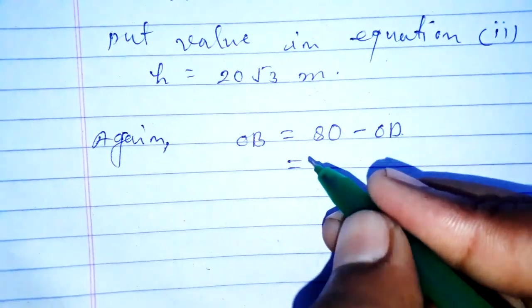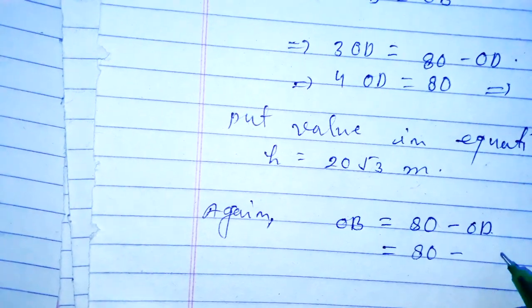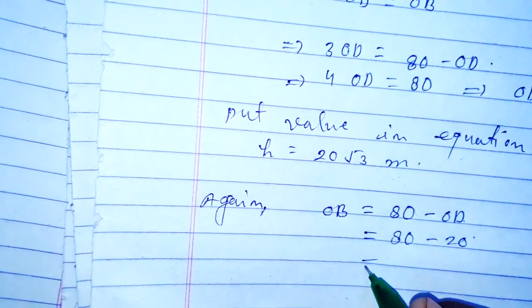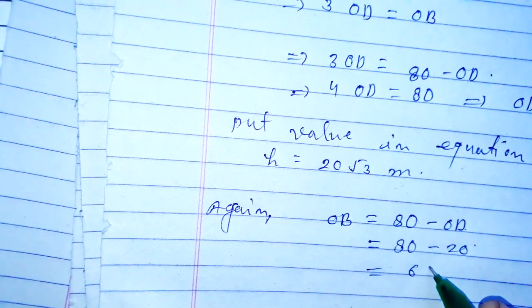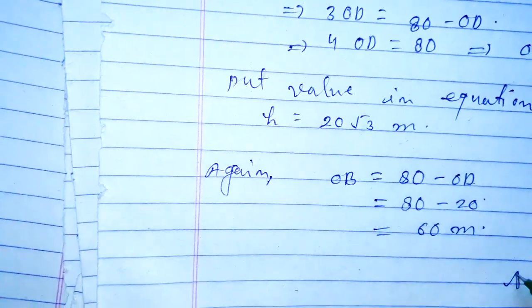So putting the value of OD, 80 minus 20 is 60 meters. Answer.